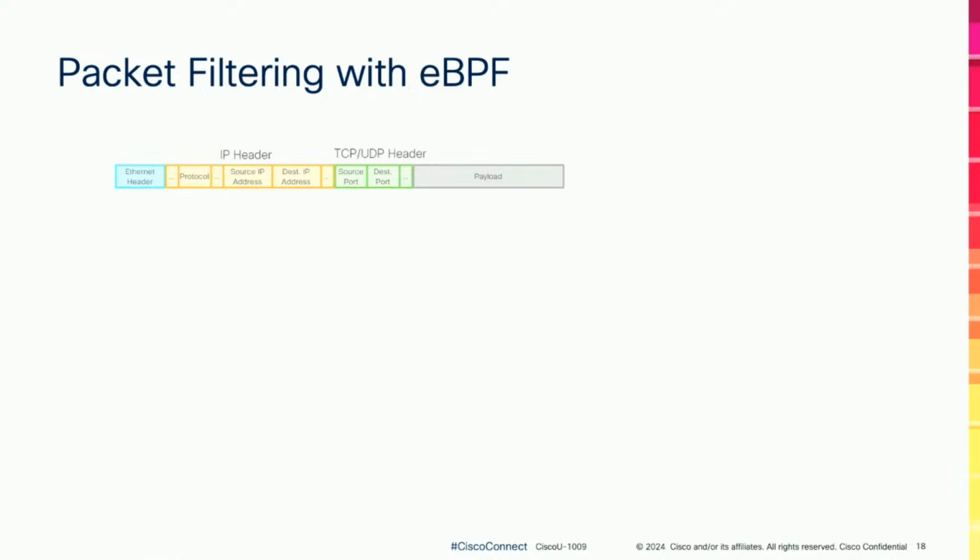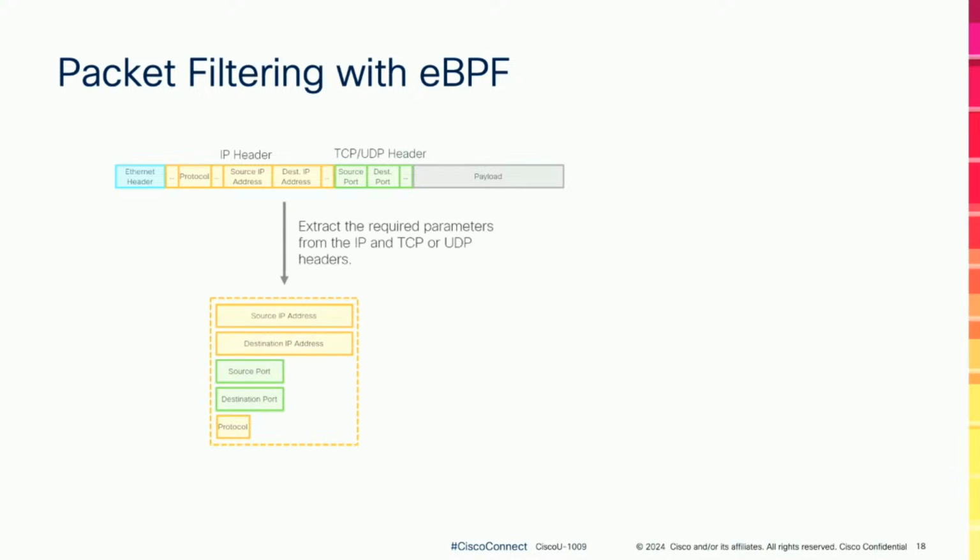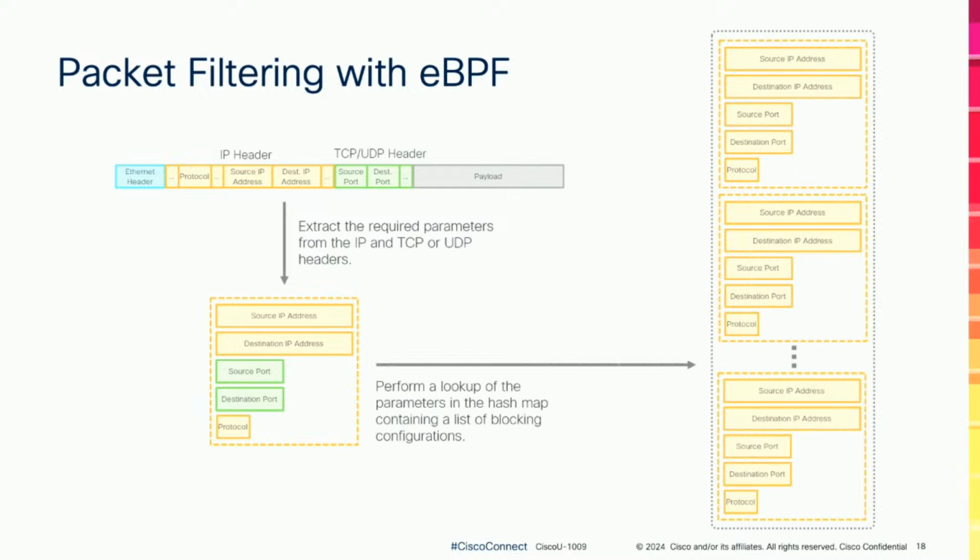So the way that we do this is by first reading in the packets that are coming in and taking a look at the IP header and the TCP/UDP header. We're then going to extract that data, specifically the source and destination IP addresses, the source and destination ports, as well as the protocol that is used. And then we're going to put that into an eBPF map.